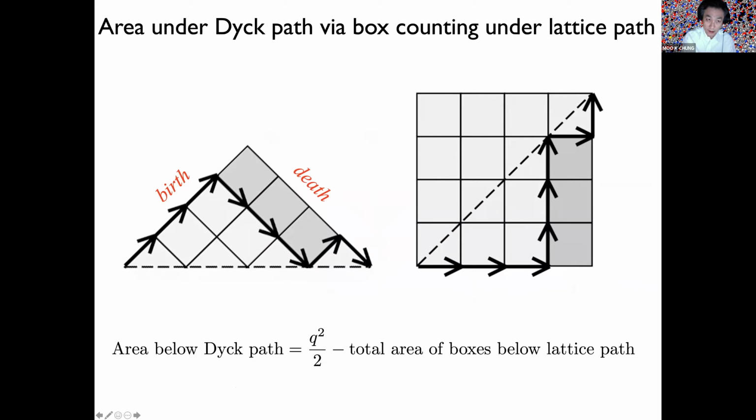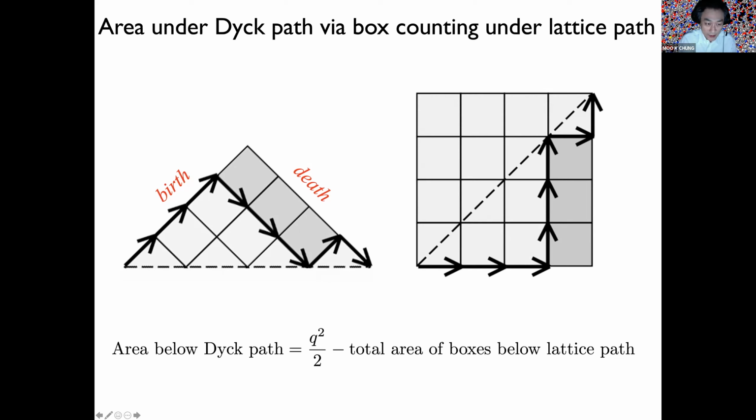And just like the Dyck path, this lattice path cannot cross the y equal x axis, because you cannot have more depth than the birth. So y cannot be bigger than x. That gives you some constraint. Then the area below the Dyck path is equal to half the square subtracted by the area below the lattice path.